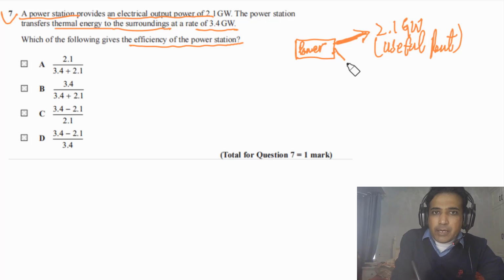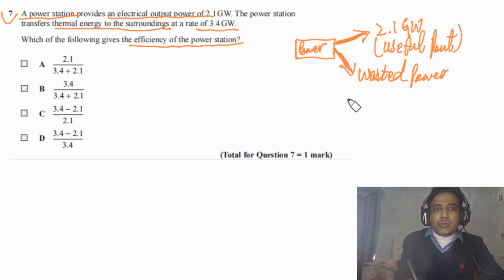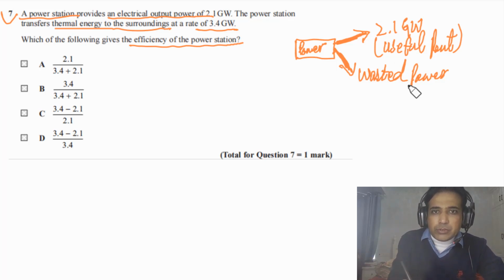And we also have dissipated power, or we can say the wasted power, converted into thermal energy and transferred to the surroundings. The wasted power output is equal to 3.4 gigawatts.